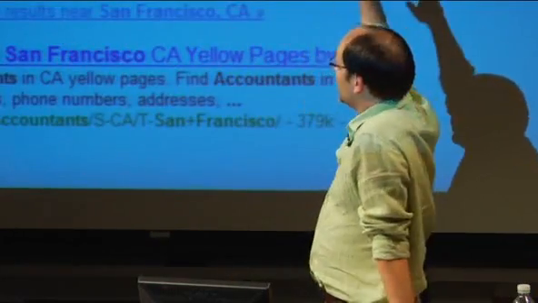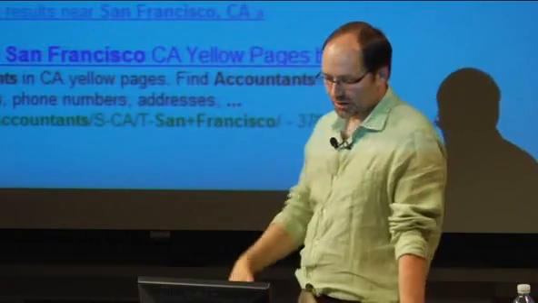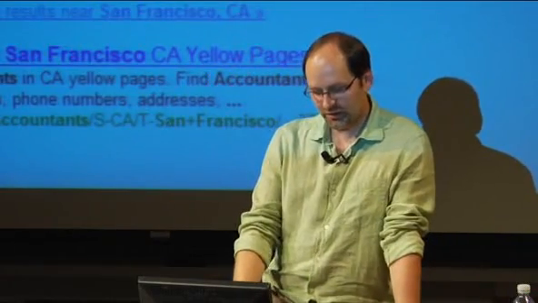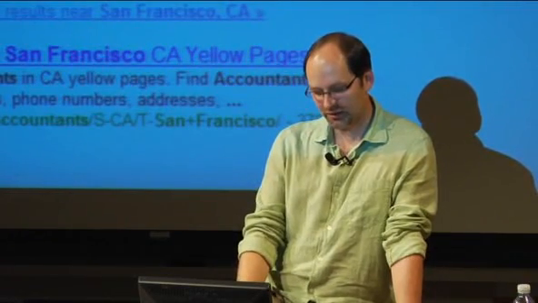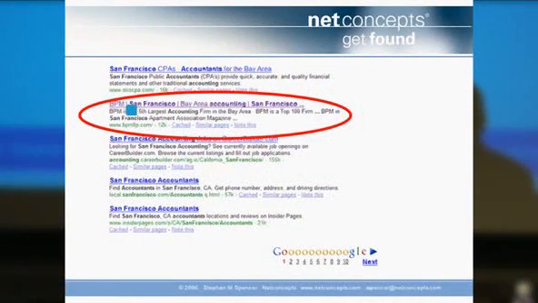And you'll see also that this first result, the Burr, Pilger, and Mayer LLP, not only are they in the first position, they're also on the Superpages page that's ranked number 1, and if you scroll down, they're in the first page of results. So they're in the natural results and in the local results.